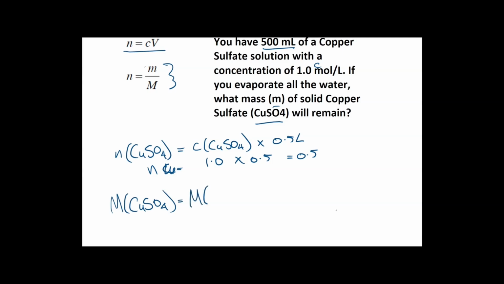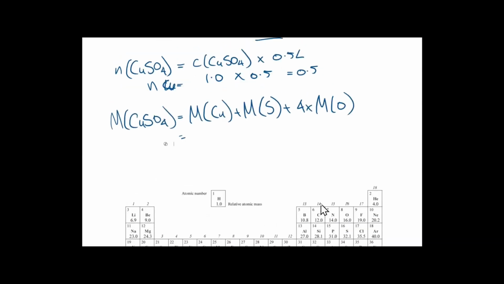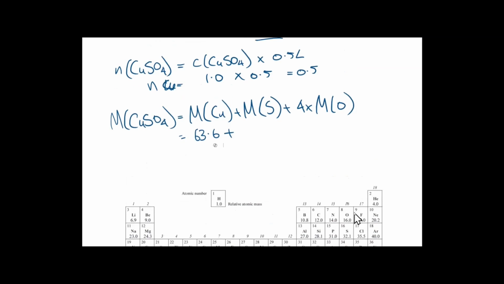is the molar mass of copper plus the molar mass of sulfur plus 4 times the molar mass of oxygen. So the molar mass of copper is, where is our copper? Where's our copper gone? 63.6 plus the molar mass of sulfur, which is 32.1, plus 4 times 16.